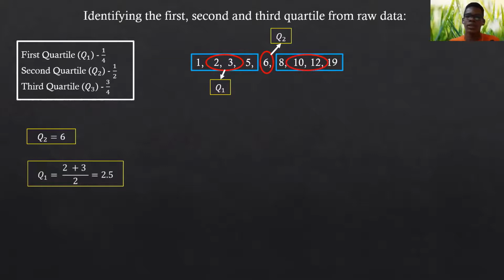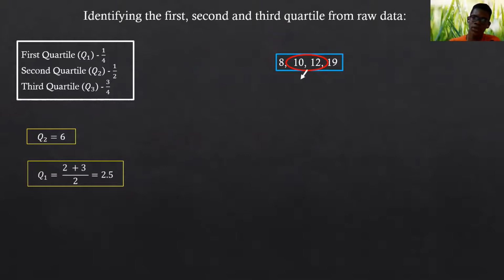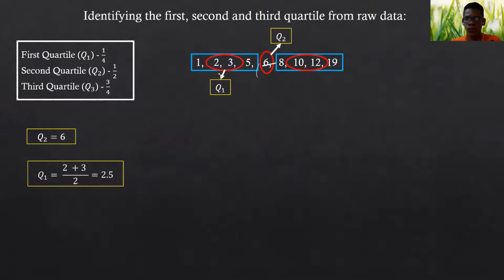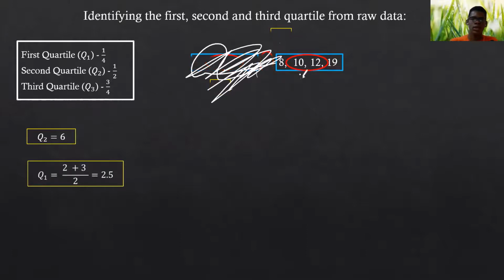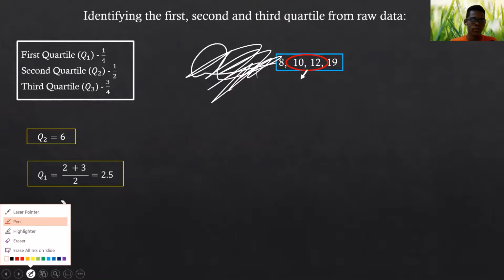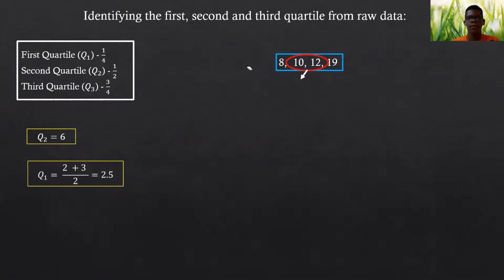Let's go ahead to the second half of our data set. Again, you can ignore the first half, right? From your Q2 value backwards, ignore all of this and just get the median for the second half of your data. And that is Q3, right? Third quartile.